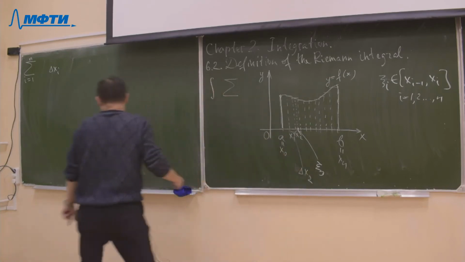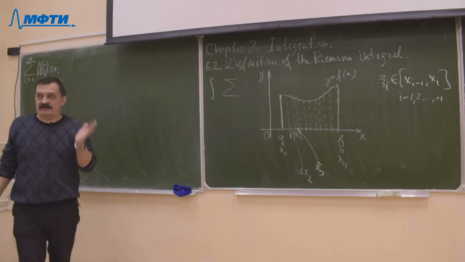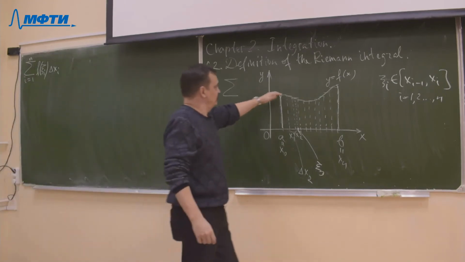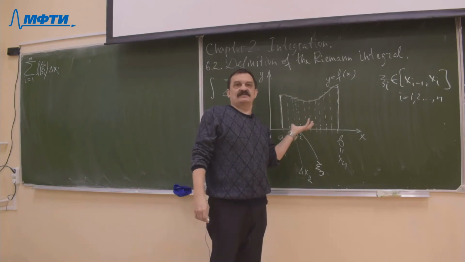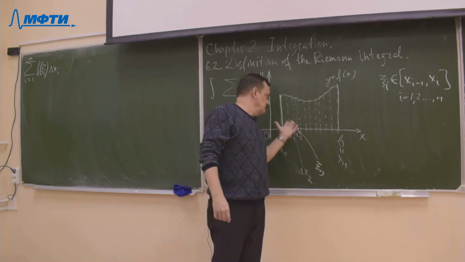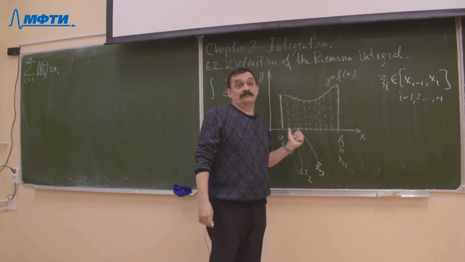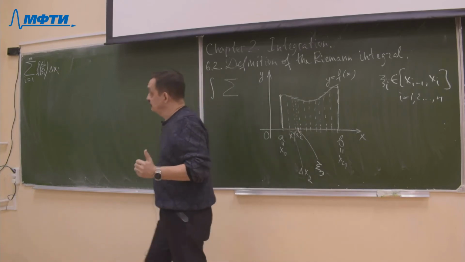So f of xi I. That is the area, right, of this figure which approximates our trapezoidal figure, right? And that is called integral sum.